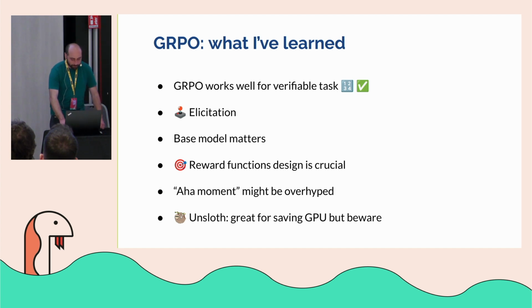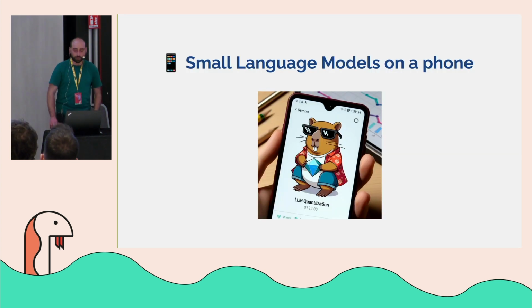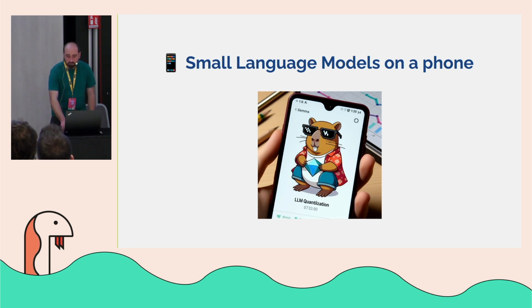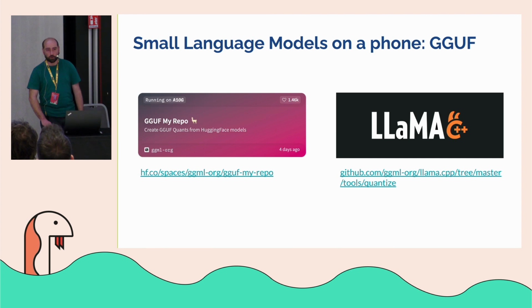But now let's go to the part you maybe were waiting for. How to run these small language models on a phone, locally. The answer is simple. You first need to convert your PyTorch or Transformers model into GGUF.